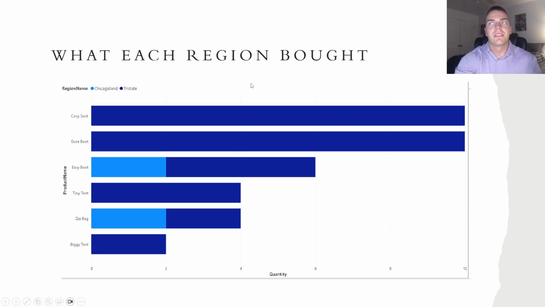This is a depiction of what each region bought. The tri-state is the dark blue, Chicagoland is the light blue. With the light blue, you can see Chicagoland bought 2 ZZ bags and 2 easy boots, while the tri-state bought a lot more popular items such as the cozy socks and derby boot.